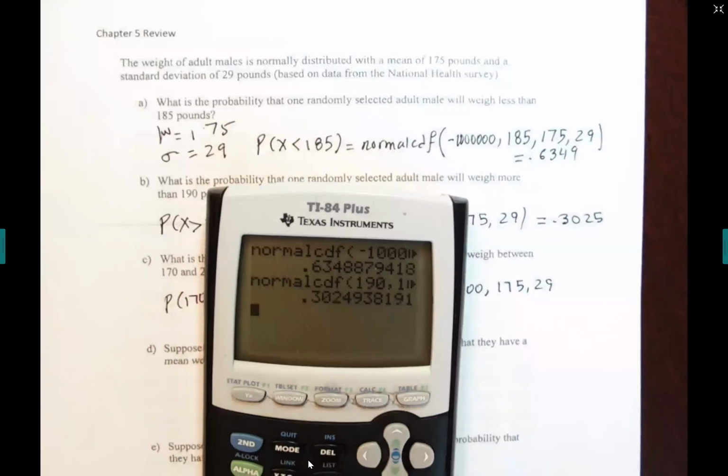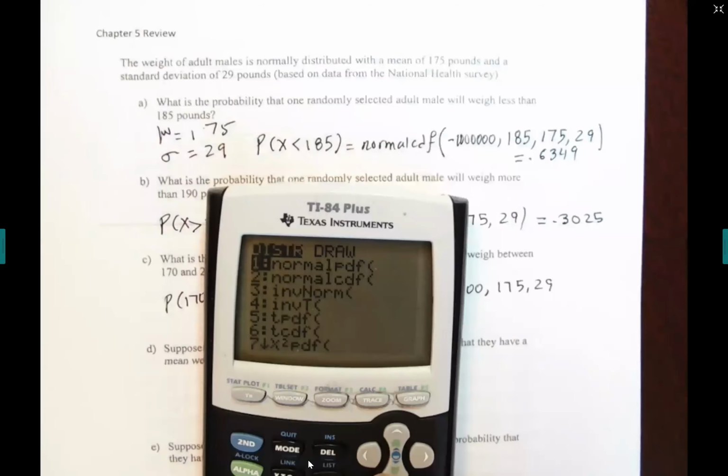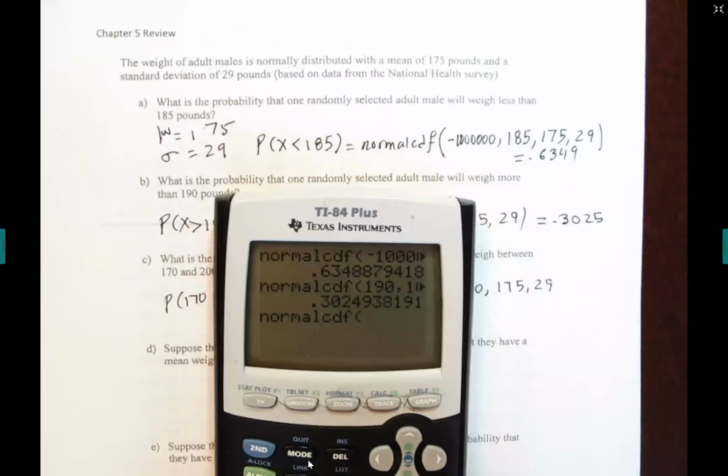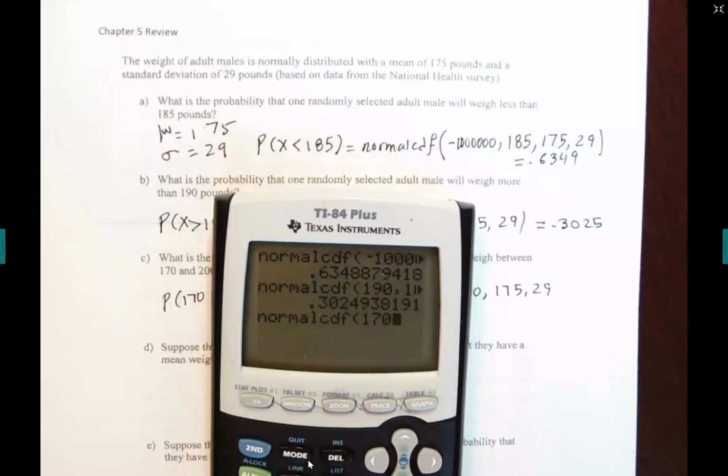Go second, distribute, normal CDF. Okay, 170 and 200. Oops, put 200, comma, 175, comma, 29.